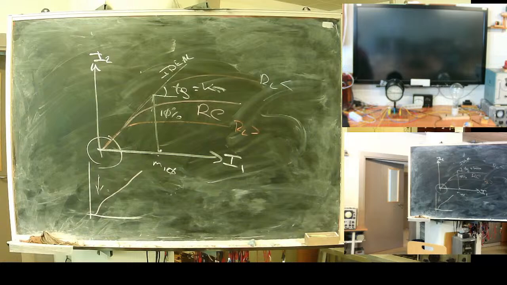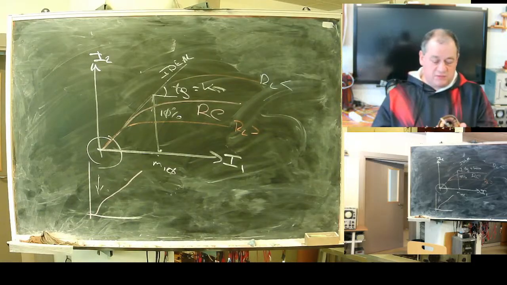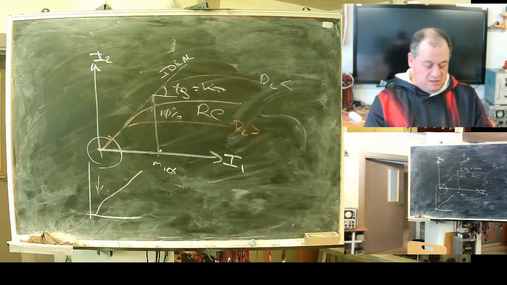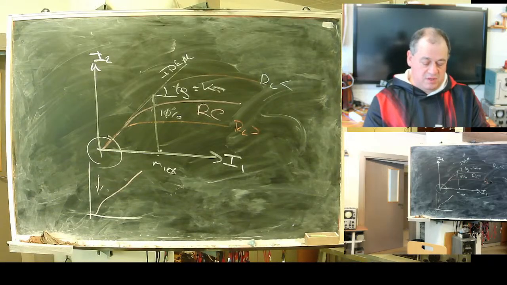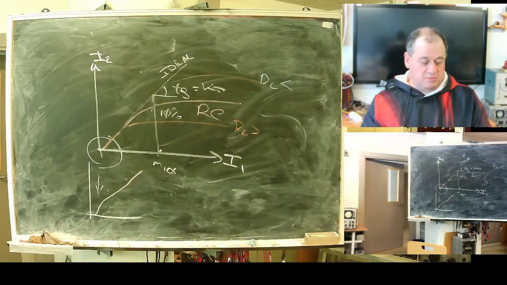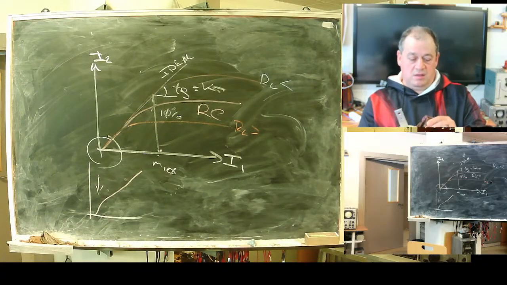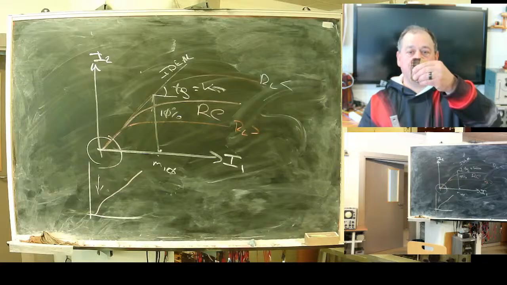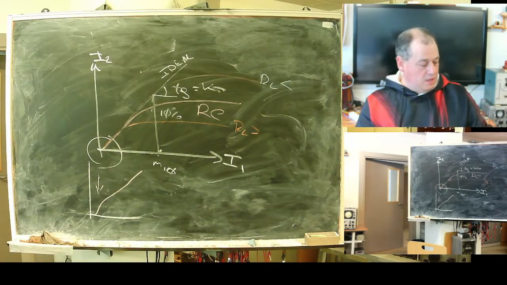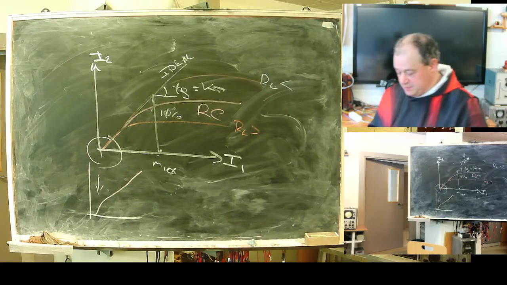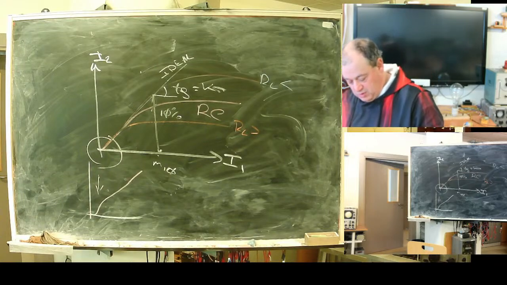See, this current transformer for metering is quite massive. See this core? It's made from stamped sheets.